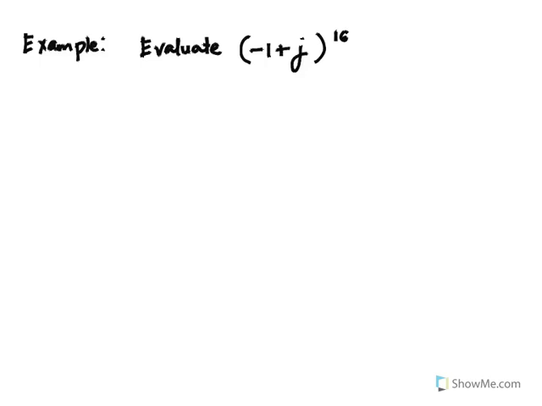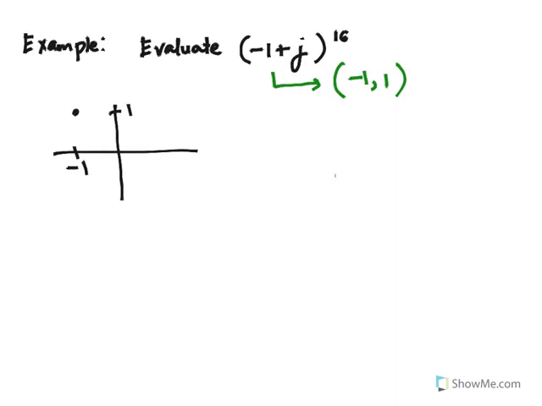So if what you are given ay standard na rectangular, we have to first transform that to polar form. So negative 1 plus j is associated with the point negative 1, 1 on the complex plane. So graph natin yung negative 1, 1. So negative 1, then 1. So nasa second quadrant yung ating terminal side.